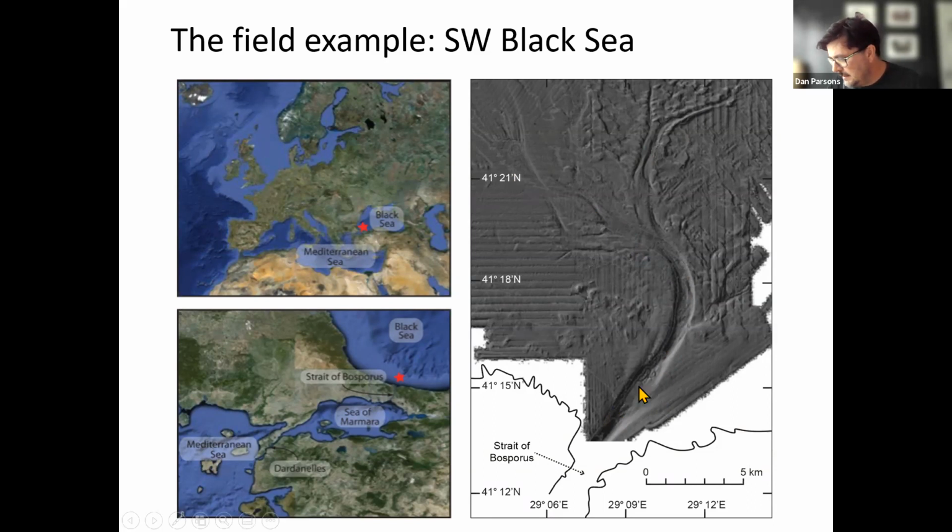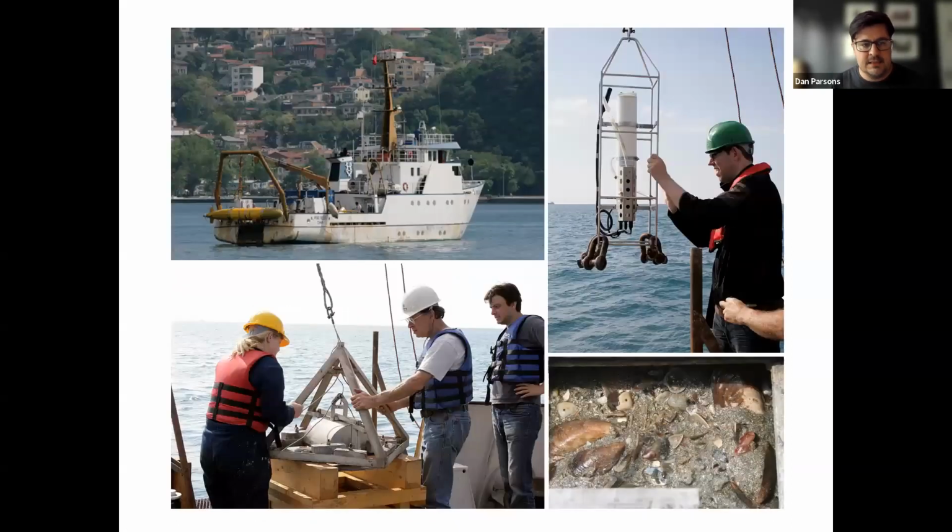And you can see this, the flow near the base of the Bosphorus comes down through this channel system over a series of hydraulic jumps in here around this bend, and then bifurcates out into a series of almost deltaic like channels and bifurcations. And what we did is we went out to measure these flows and understand the dynamics of the flow as it moved out the Bosphorus across this plain.